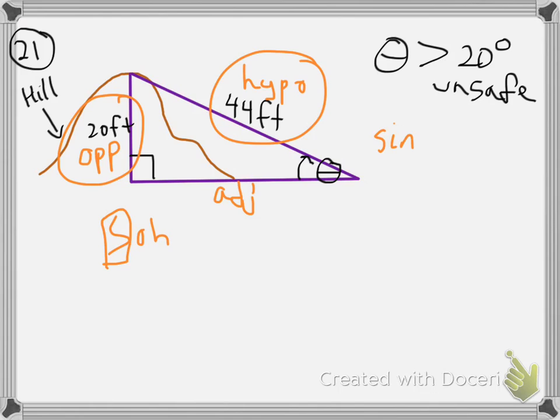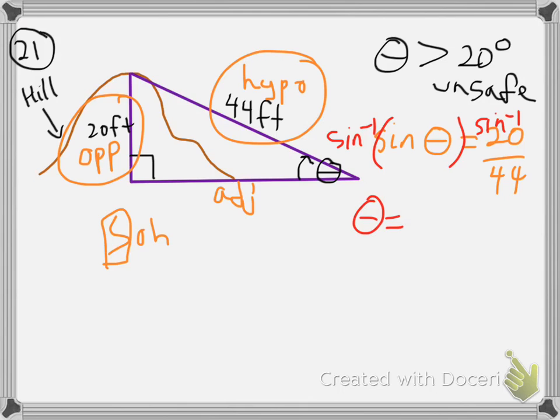The sine of theta equals the opposite over the hypotenuse. So how do you undo sine? You arc sine. So you do the same thing over here. So I'm going to get theta is the arc sine of 20 divided by 44. That's what I have to figure out in the calculator. So I'm going to do that right now.